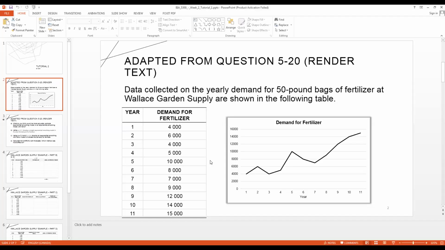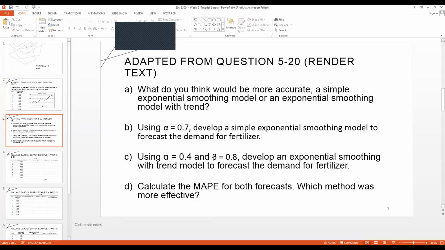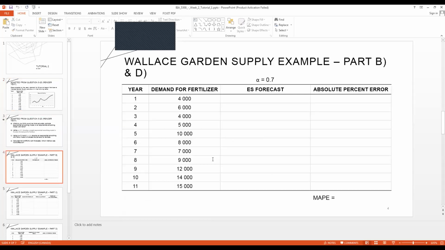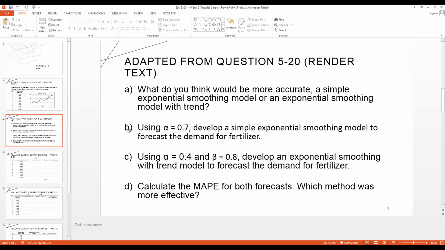We have this data, and we have these 4 questions. Looking at the data, what do you think is going to be accurate? Exponential smoothing or exponential smoothing with trend? And then we're going to try both. We're going to try exponential smoothing with alpha 0.7. And then we're going to try exponential smoothing with trend using alpha 0.4, beta 0.8. And then we're going to compare the two.